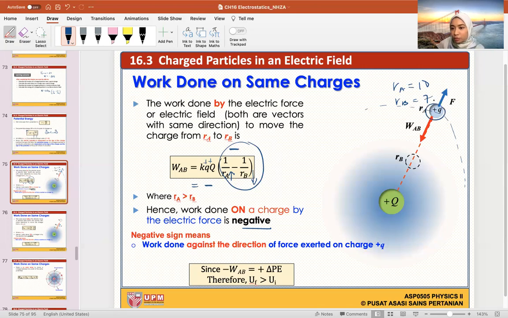Okay, let's see this diagram. This charge is moving towards a positive charge as well. This is higher potential. The natural tendency of this charge is to go away because it wants to repel. So this is F. But our work done is we are trying to move our charge from this point to this point.